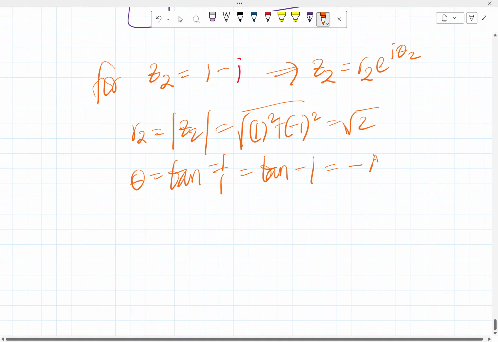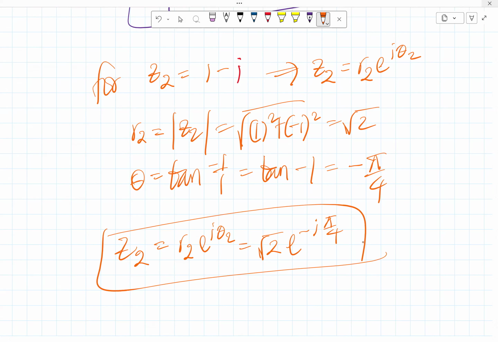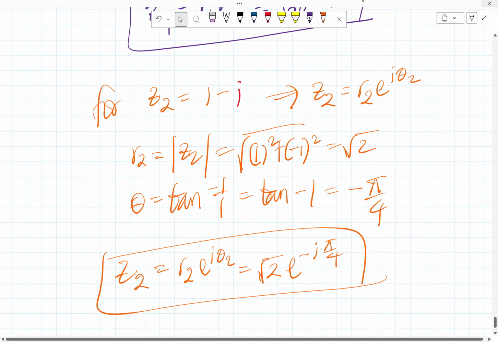Then z2 is equal to r2 e raised to the power i theta 2. So that's root 2 e raised to the power i times minus pi over 4, that's e raised to the power minus i pi over 4. So we have z2 like that.